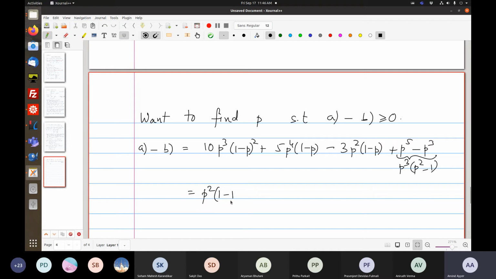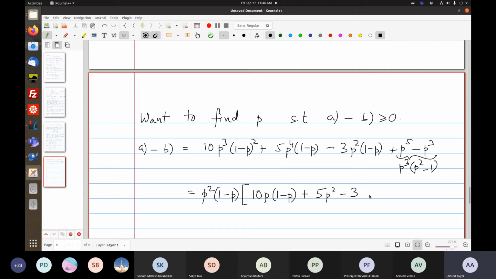So 1 minus p I will take common. Okay, so now what do I get? From the first term I get a 10p, 1 minus p. From the second term I'll get a 5p squared. From the third term I'll just get a minus 3.